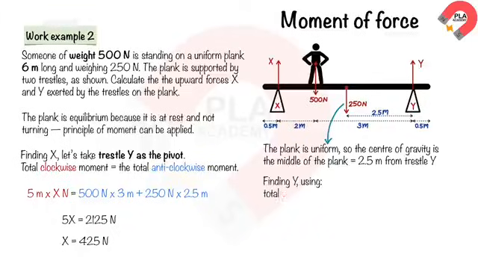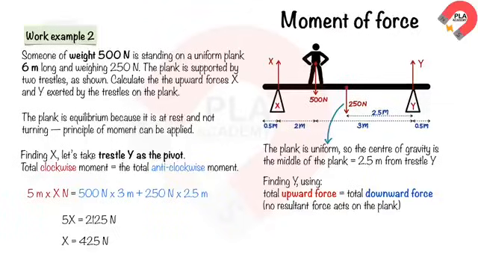Finding Y, using total upward force on the plank equals total downward force on the plank, because no resultant force acts on the plank. Total upward force is 425 plus Y, equals total downward force, 500 plus 250. So, Y equals 325 newtons.